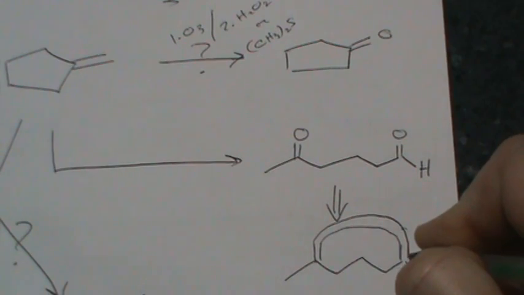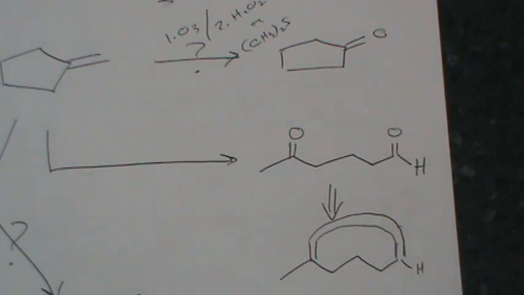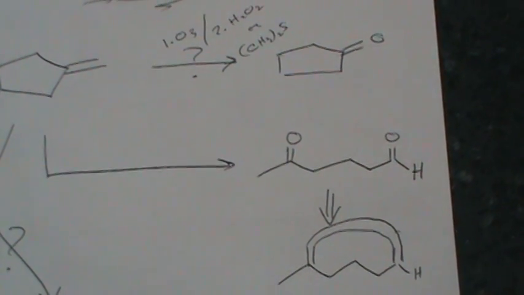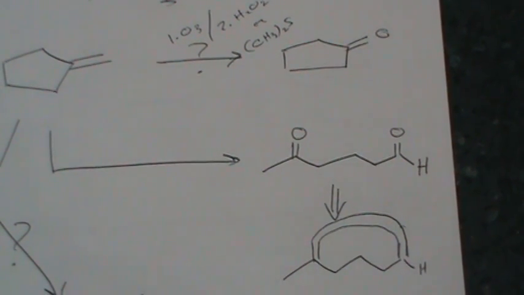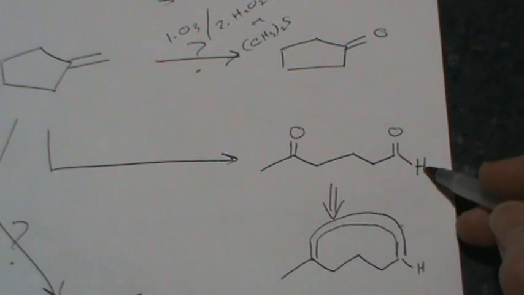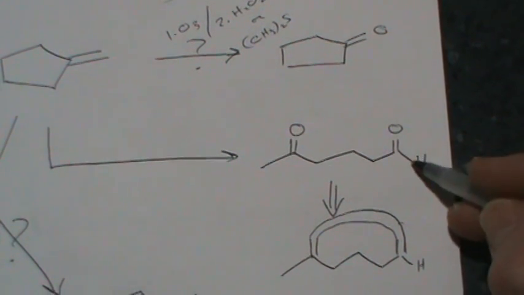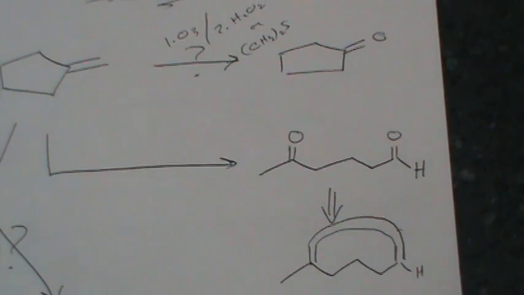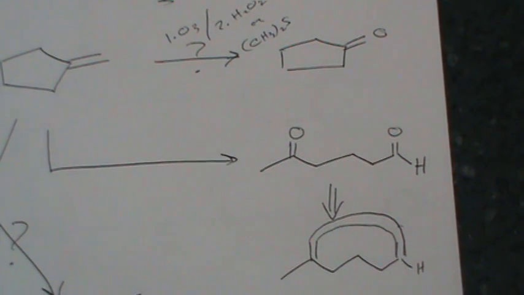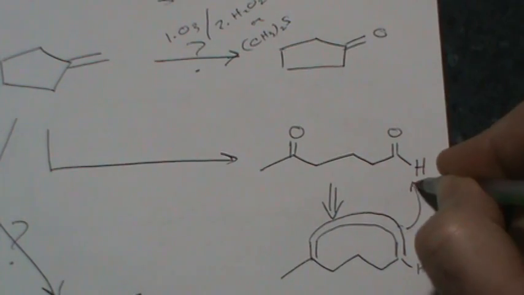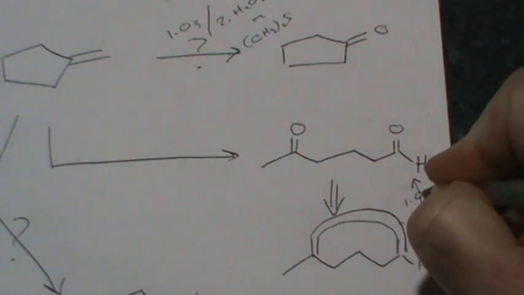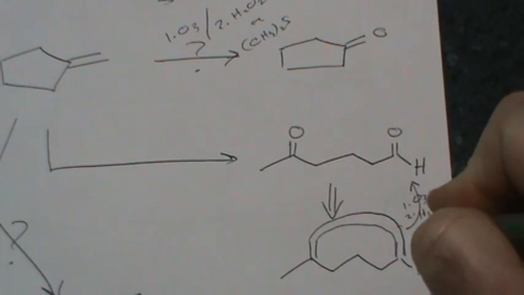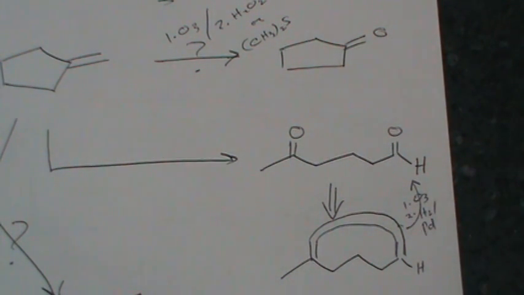Look at that long, crazy double bond. That's what that structure would have been like if we karate chopped that carbon-carbon double bond in half and then worked it up under reductive conditions to maintain the carbon-hydrogen bond here to produce this aldehyde. That would be it. In fact, that is it. First step, ozone. Second step, H2 palladium is one of my reductive workup conditions.